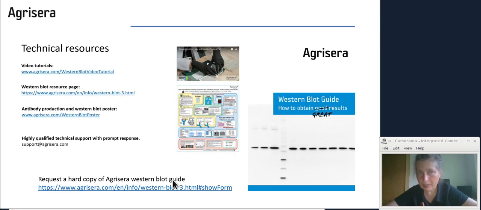You can also request a hard copy of the Agrisera Western blot guide. There were some hard copies of that guide also available at this conference. If you have not been able to get it and you are interested, please request it on our website and we will post it to you.